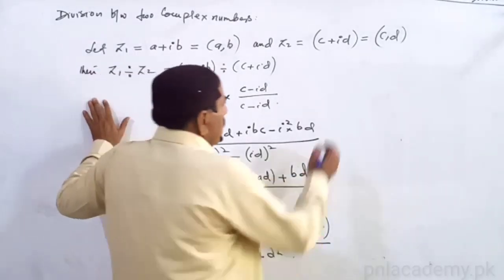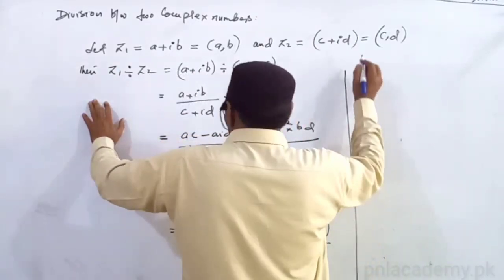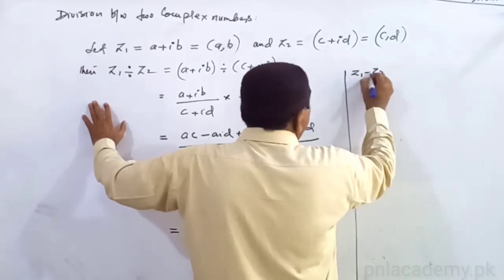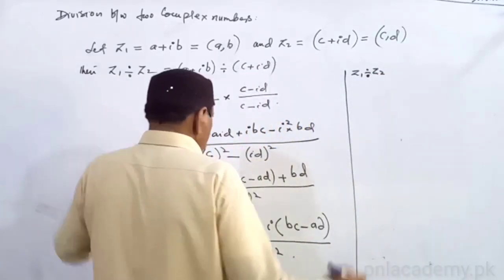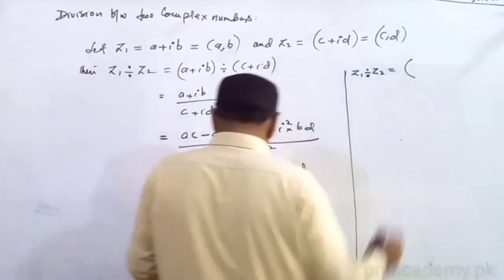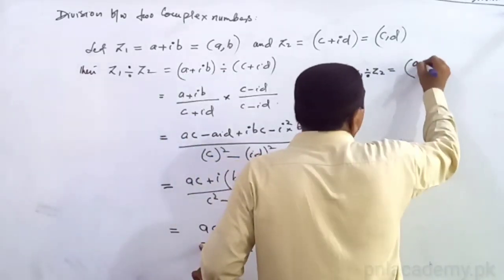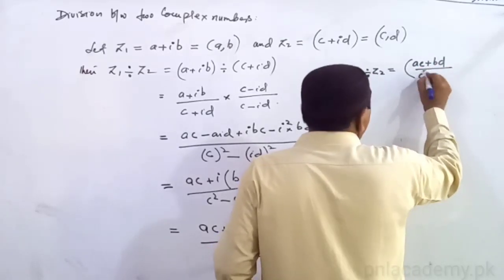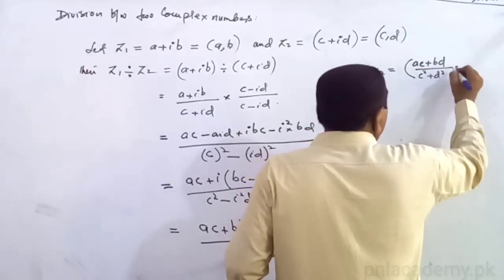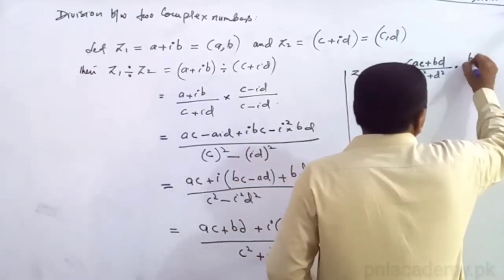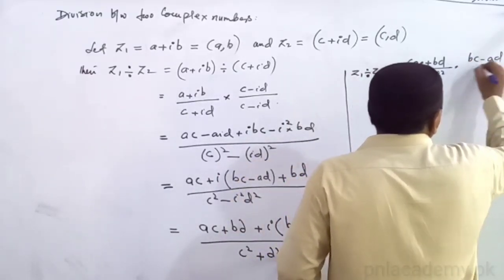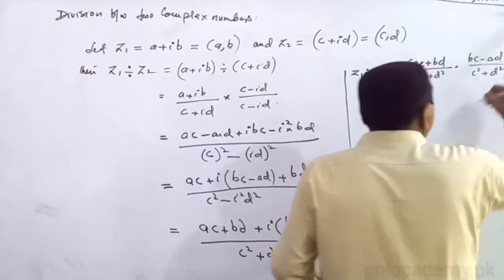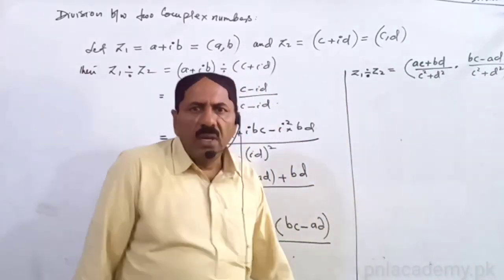Therefore the division of complex numbers is Z1 divided by Z2, which is equal to (AC plus BD) upon (C square plus D square), comma, (BC minus AD) upon (C square plus D square). So this is the division of complex numbers.